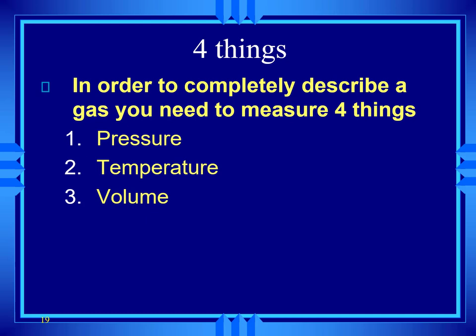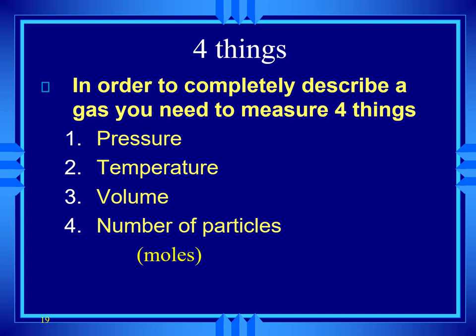If you give them more space versus less space. Bigger container, smaller container. And the number of particles. How many pieces are hitting. And we're going to measure the number of particles in moles.